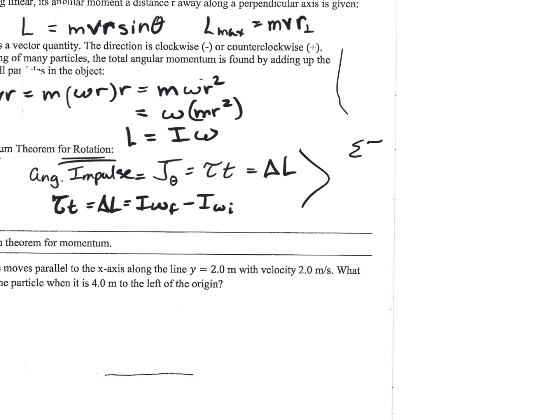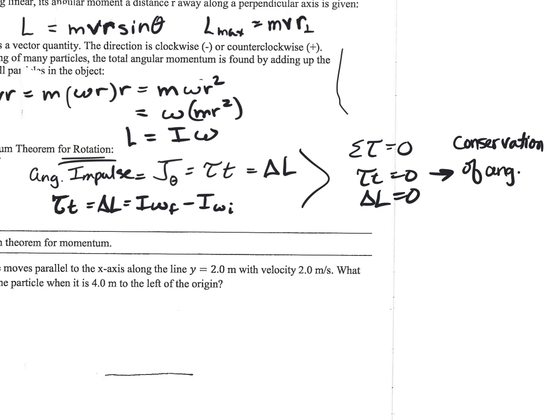It means if net torque is 0, then this is 0, which means this is 0, which leads us to conservation of angular momentum, just like we had conservation of linear momentum. In other words, L initial equals L final if we have no outside influencing torque being applied over time.